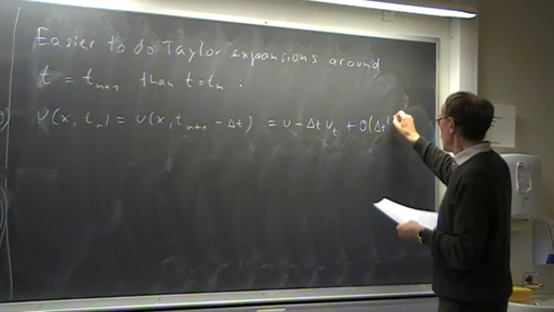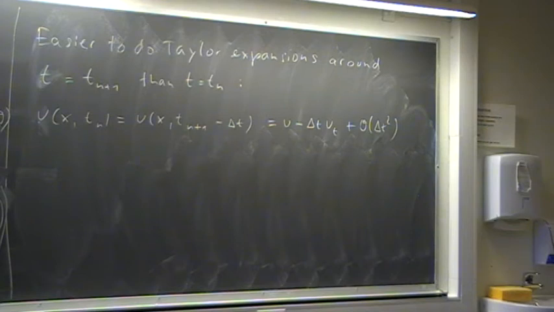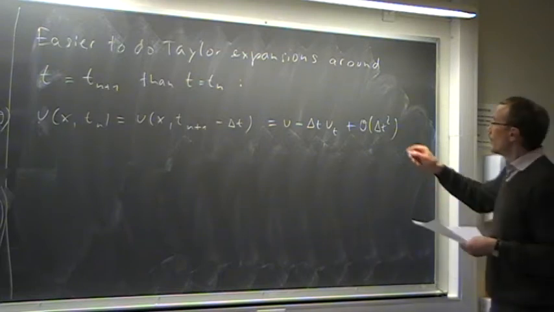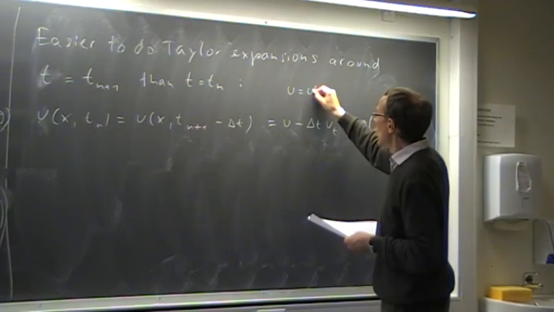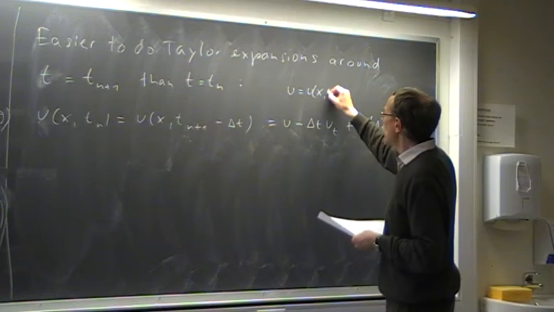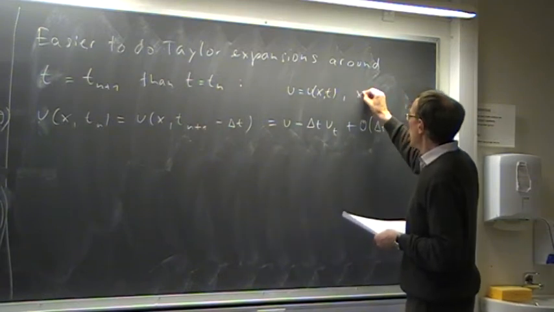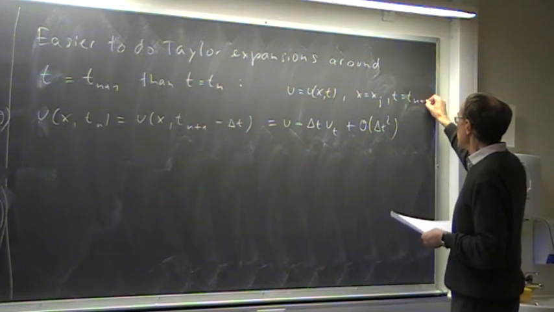Here we are not so ambitious as we were before, because we cannot play the trick there with the special r when the forward time center space is very accurate. So here the u and so on means the u of x, t, and the x is xj, and the t is tn plus 1.